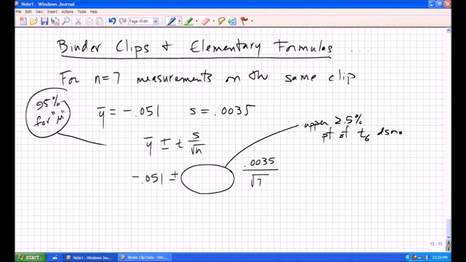And if I did my table work right, that is 2.447. That gives me minus 0.051. I do the arithmetic, plus or minus 0.0032.